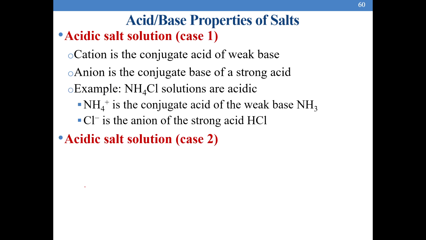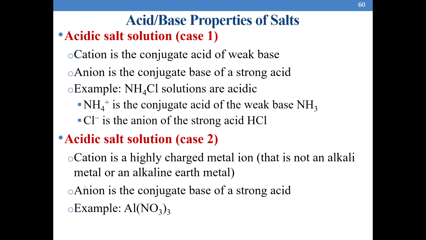I have 2 cases for acidic here. The first case is where the cation is the conjugate acid of a weak base, and that is listed here as an example. And the second, the anion is the conjugate base of a strong acid, and we stuck with the HCl and the same Cl negative anion.